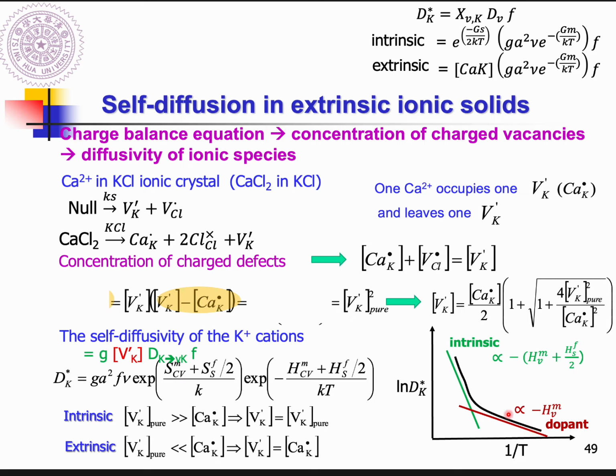So as long as you measure the diffusivity at different temperatures and plot log D* versus 1/T, and you get two slopes, you can directly know that in your intermediate temperature region, there is for sure an intrinsic and dopant effect that co-dominate or coexist in your material system.